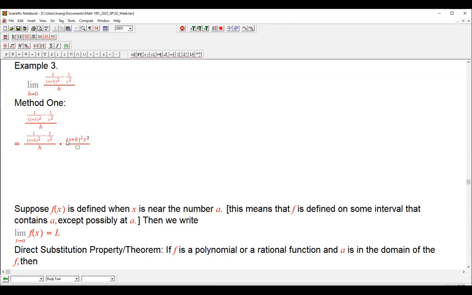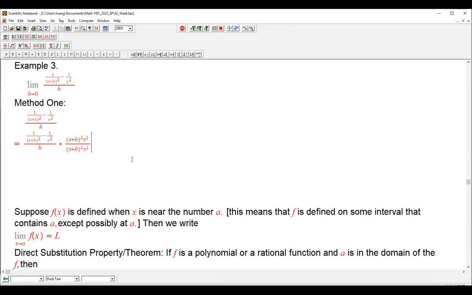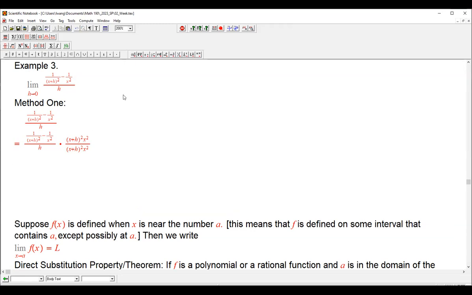And so we apply mathematical principle number 1: anything times 1 stays the same. When we are doing something like this, of course, for the domain of this entire function, h cannot be 0. So h cannot be 0 is guaranteed, so we can assume that.